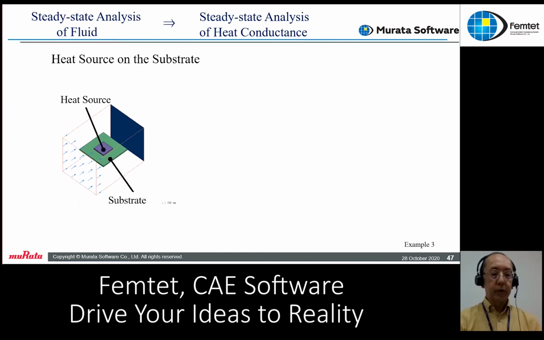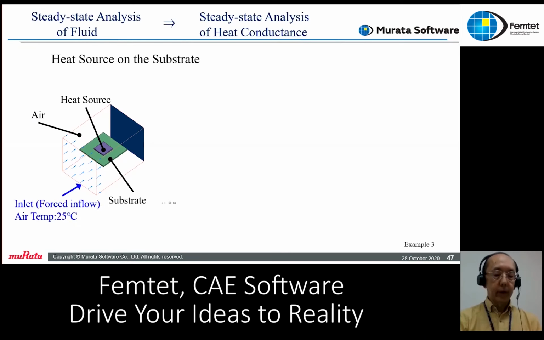A heat source is placed on the substrate. The surrounding is the air. The inlet is set where the air of 25 degrees is flowing in at the velocity of 1 meter per second. The outlet is for the natural outflow.